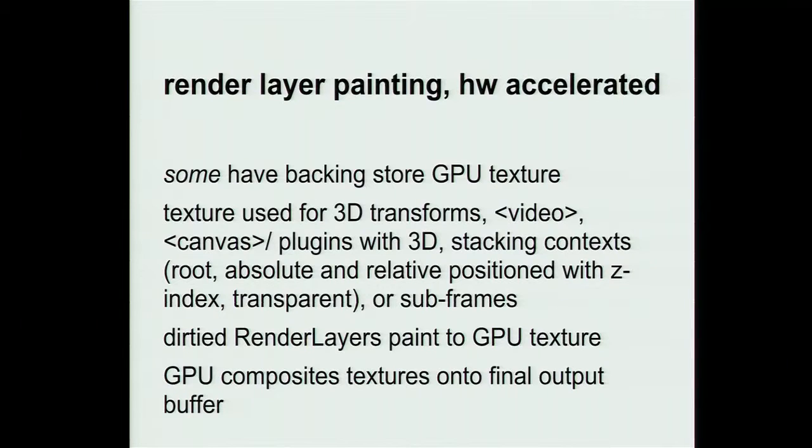So obviously you knew this was coming. In today's world of hardware accelerated graphics, we also sometimes use it, right? Not all render layers have a backing store, which is a GPU texture. If you want one of those, you need to have a 3D transform or a 3D canvas or 3D plugin. Stacking contexts or subframes will also get these.